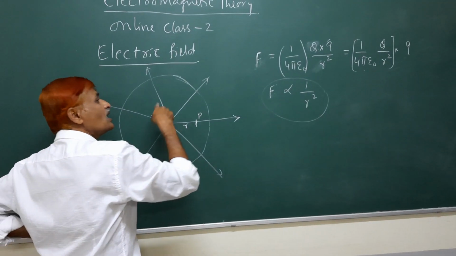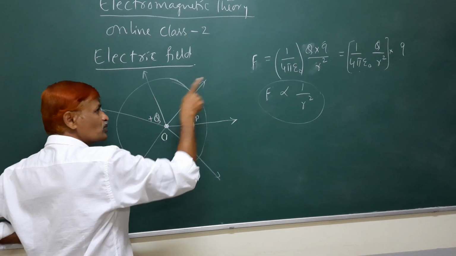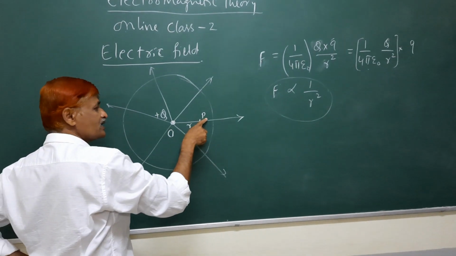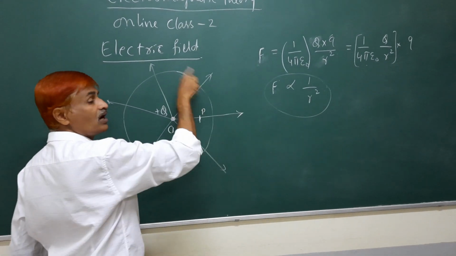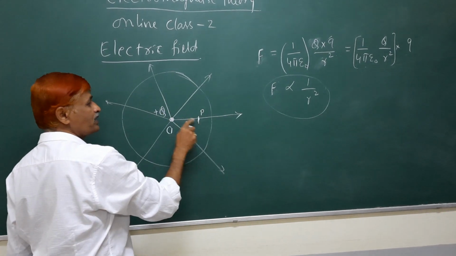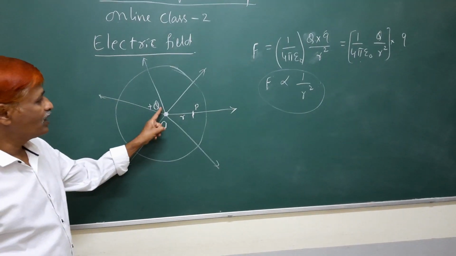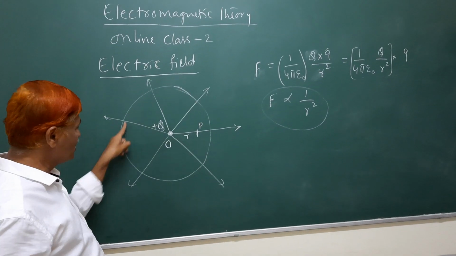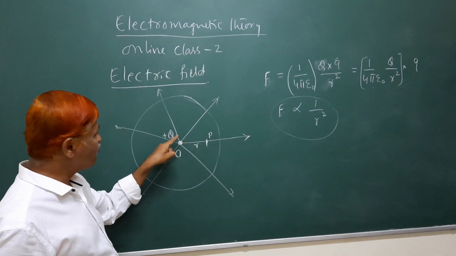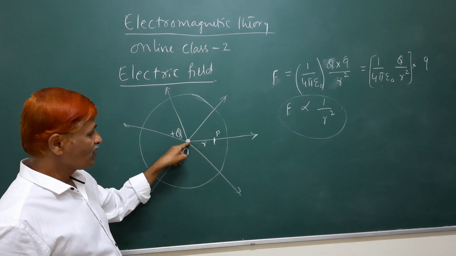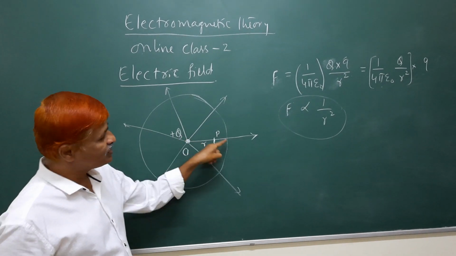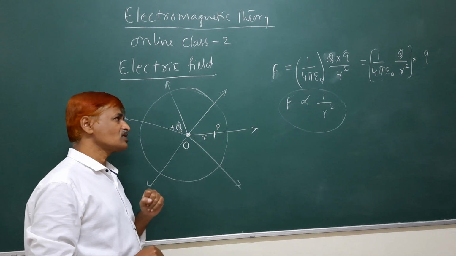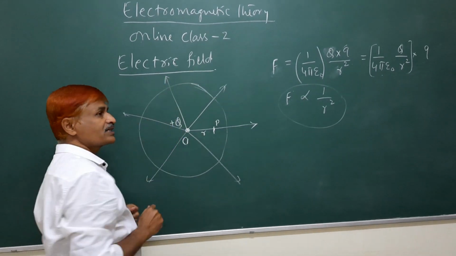This charge will repel if both are positive, or any other charge coming in this region will experience a force from the charge plus Q. This region in which the effect of this charge is felt by another charge is known as electric field.